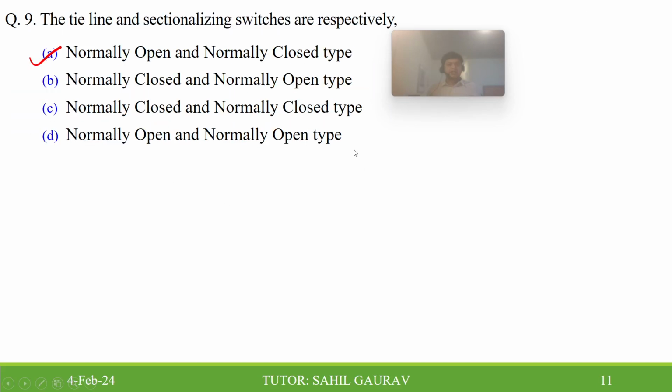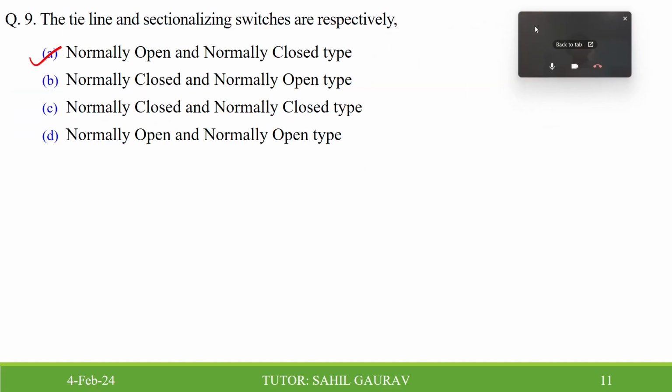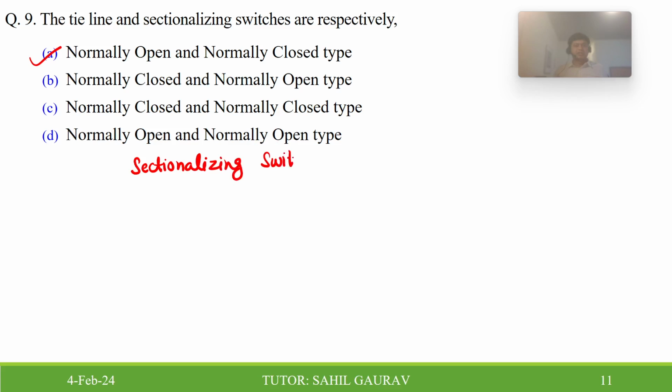So I just want to make one table. One side you can write sectionalizing switches and this side tie line switches.